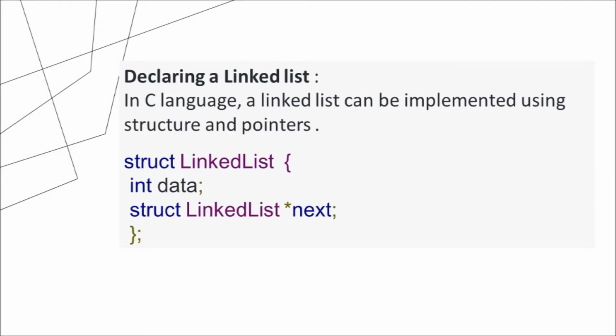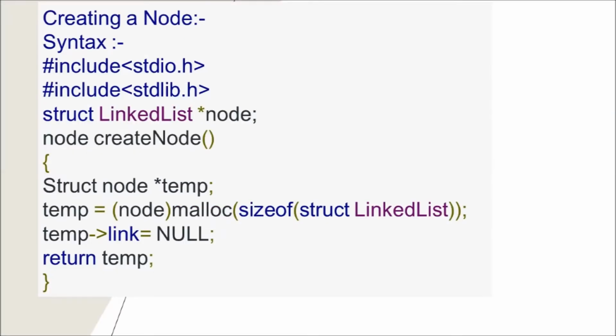So let's see how to create a node in a single linked list. This is the basic syntax of creating a node, and in structures we use an extra header file called stdlib.h. The first step is declaring the structure, and we are taking a temporary pointer variable and allocating memory to the temporary pointer using malloc, which is dynamic memory allocation.